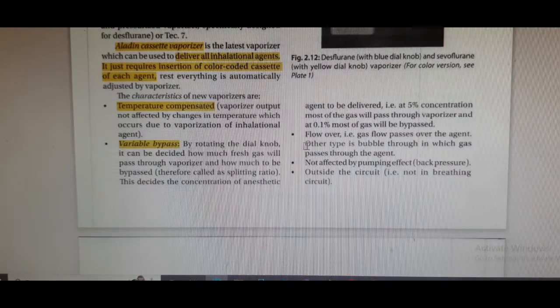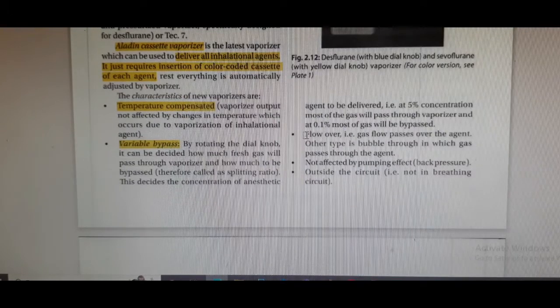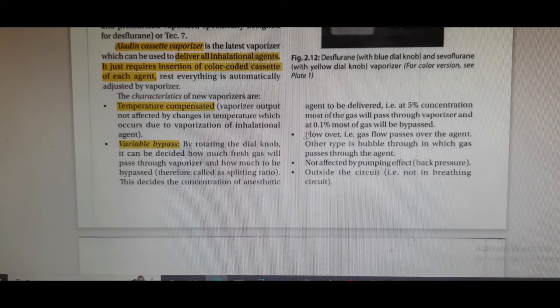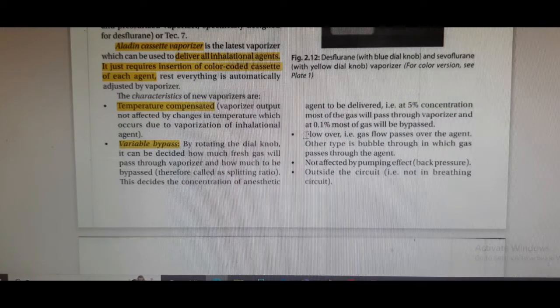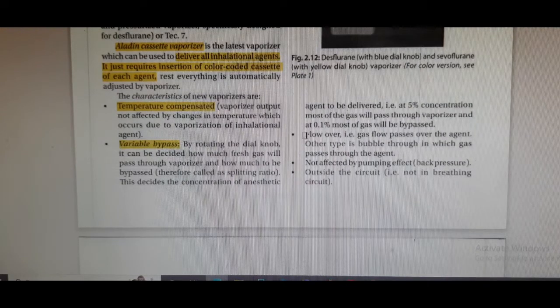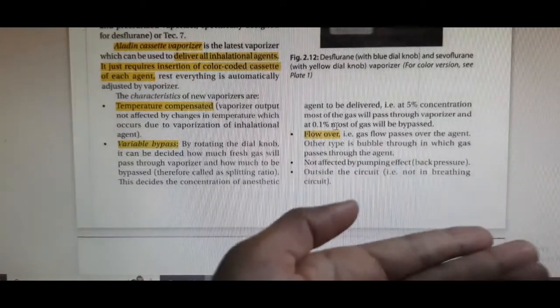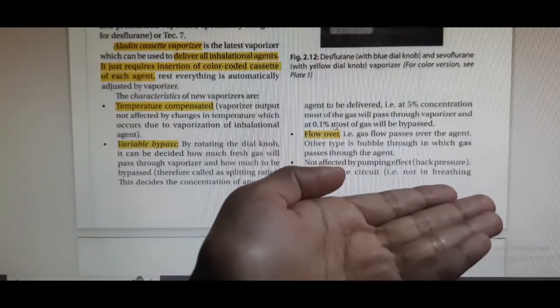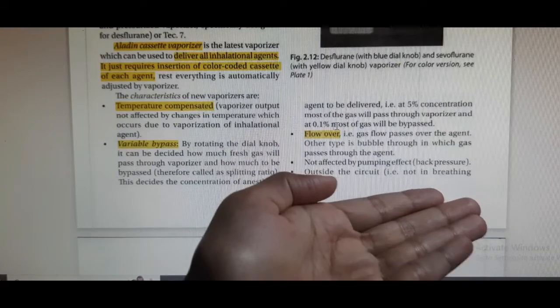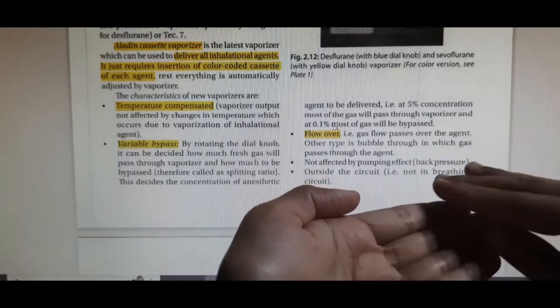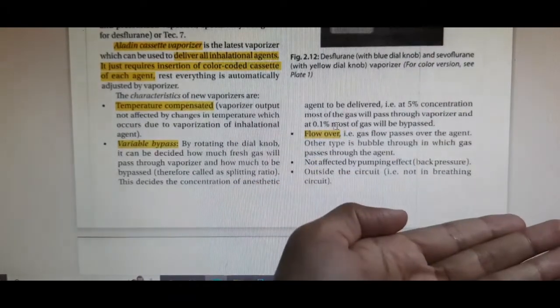Moving to the next characteristic, that is flow over, where gas flow passes over the agent. The other type is bubble through, in which the gases pass through the agent. So if this is the inhalation agent, and the fresh gas is coming from here, flow over is just touching the anesthetic gases and going.